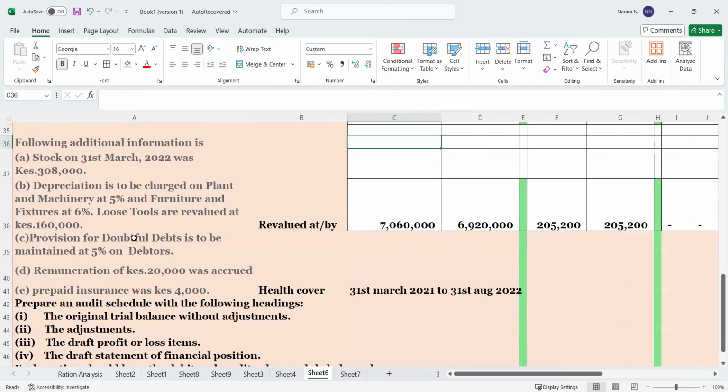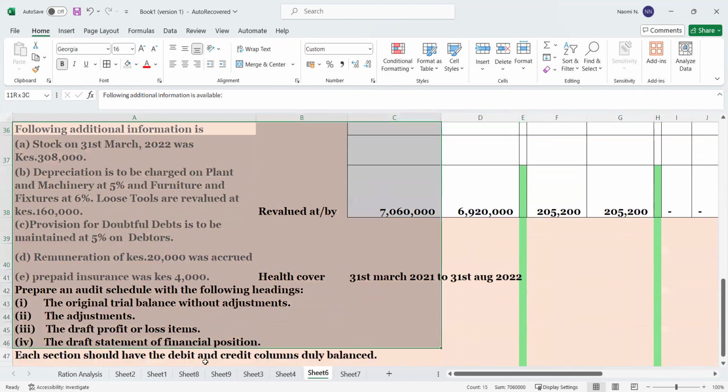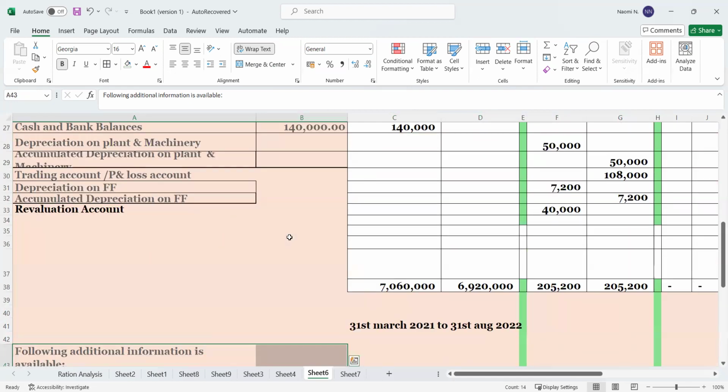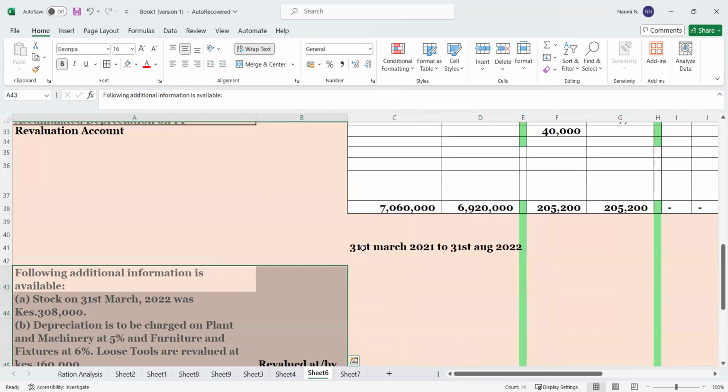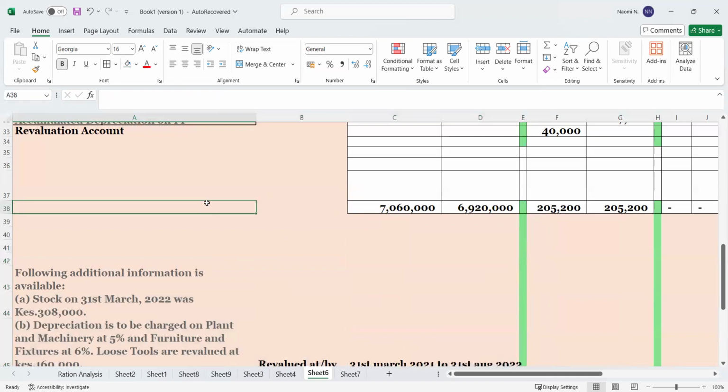Revaluation, we will come and provision. I think my space seemed to be so tiny. Let's try to move this down again, and try to work with it.